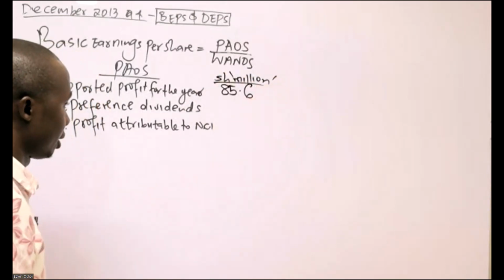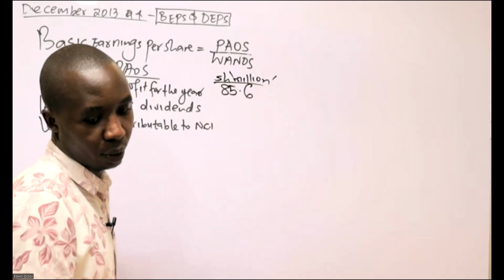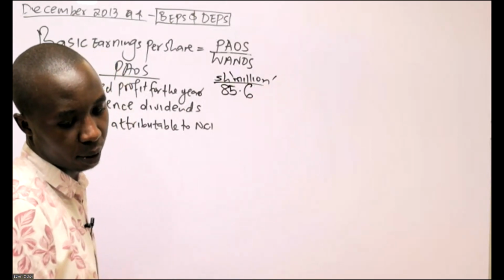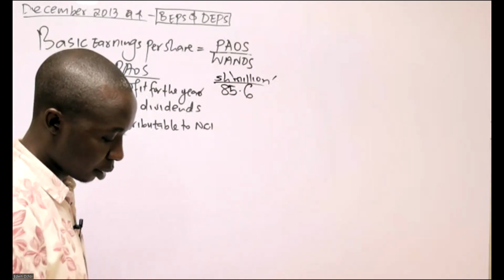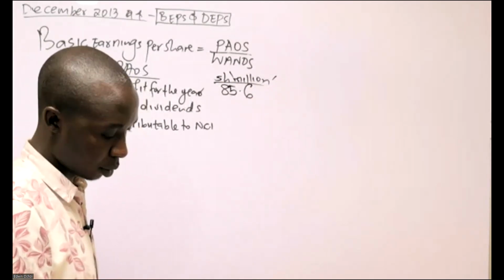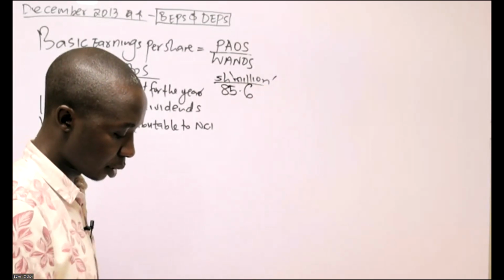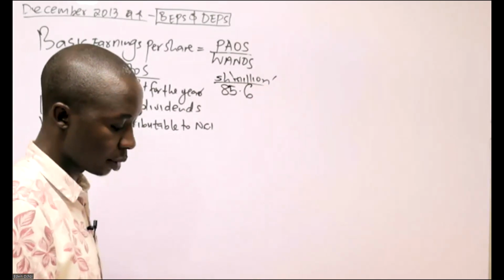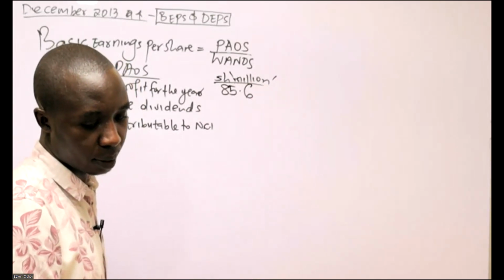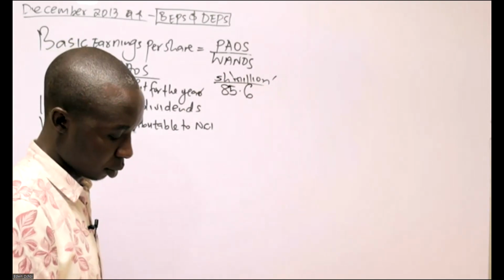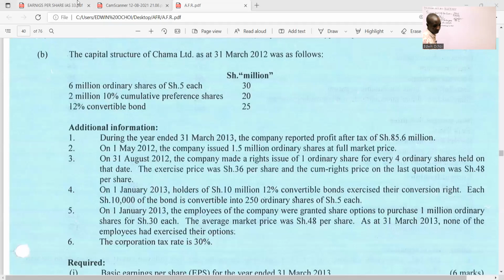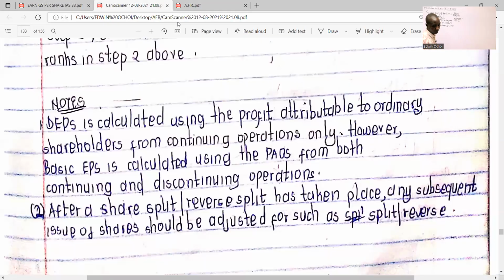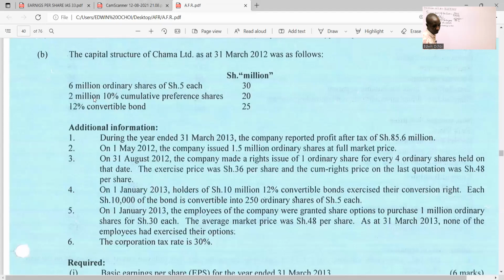So was there a preference dividend? Checking in the relevant question, at the start of that year you were told there is a capital structure which has 6 million ordinary shares and 2 million 10% preference shares.